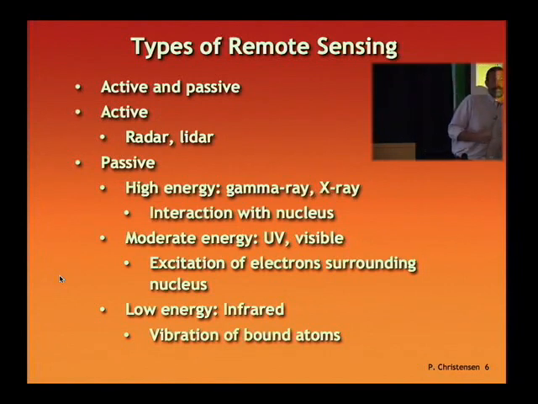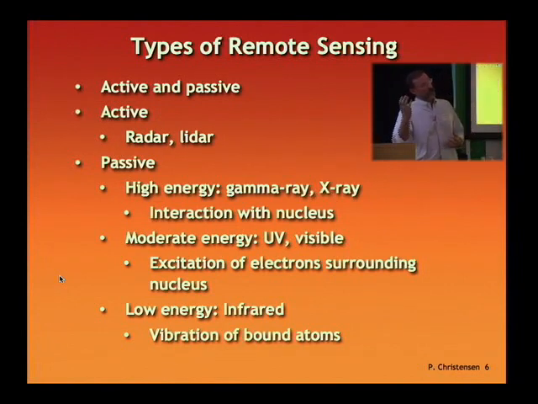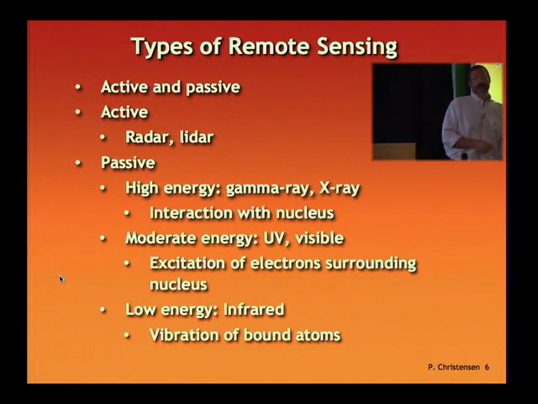But on airless bodies like Mars, there's a lot of cosmic rays, a lot of high energy sources that get to the surface, excite the atom at the nucleus level, generate gamma rays and X-rays, which we then observe. And we can tell literally what elements are on the surface by looking at the spectrum of gamma rays that come off.